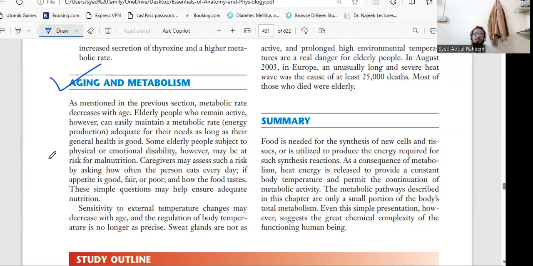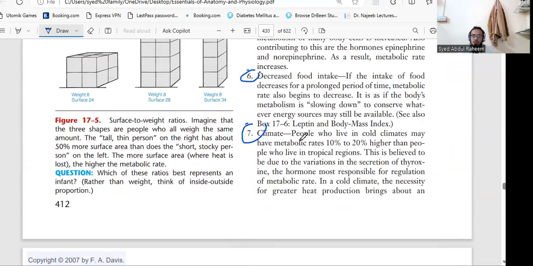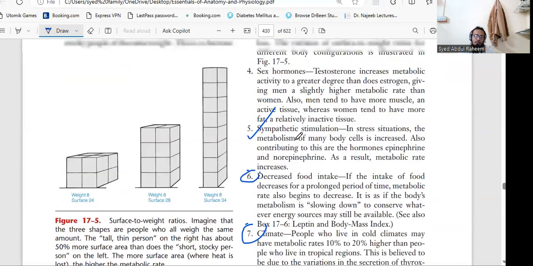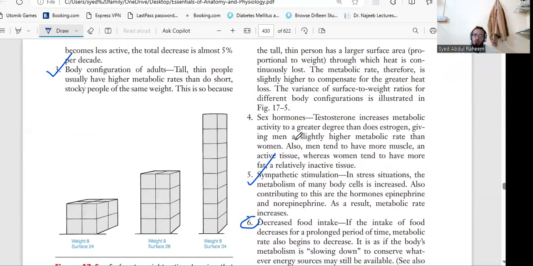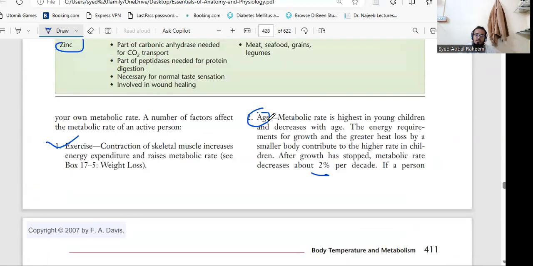During emotional conditions and depression, the metabolic rate also increases, and temperature also. So nowadays metabolic diseases are more common due to all these things, and you can remember these things.